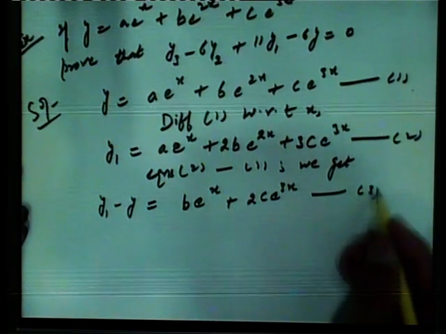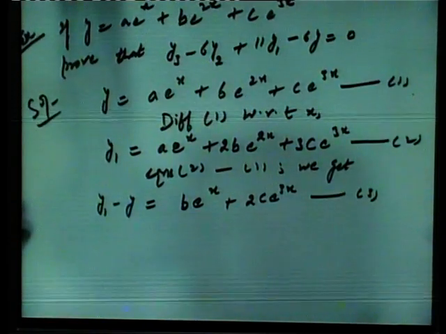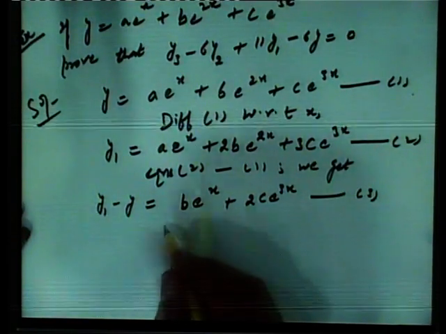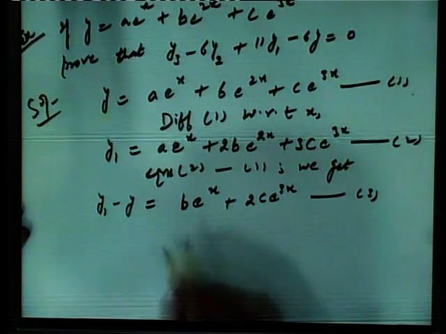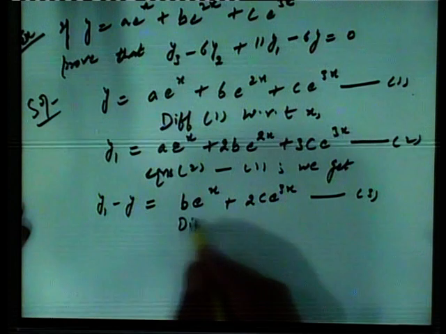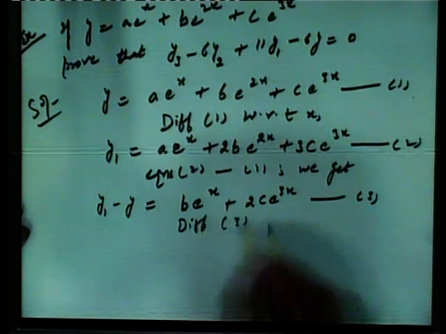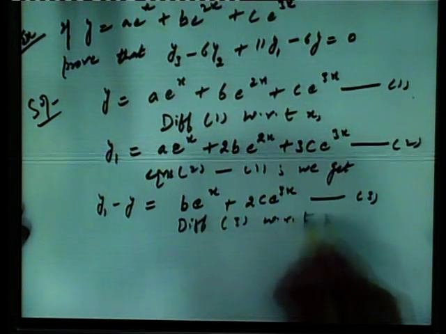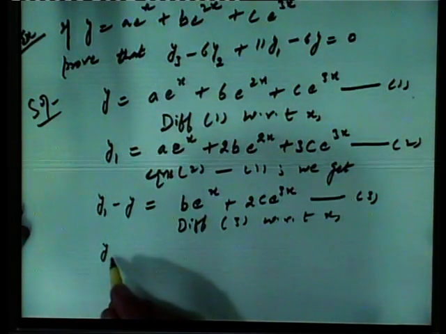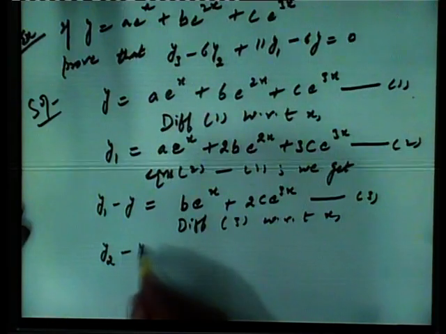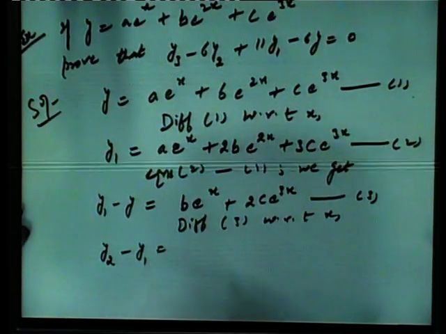This is number 3. Now, you differentiate again because you want to prove the result that contains y3 and y2. So, differentiate equation 3 with respect to x. You get the differentiation of y1, which is y2, and the differentiation of y is y1.